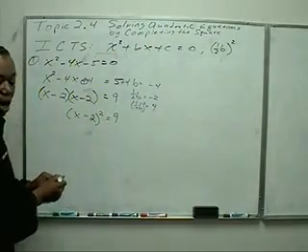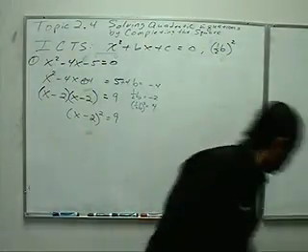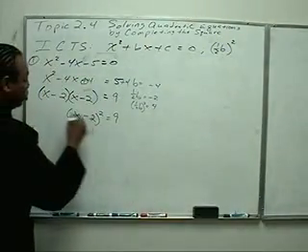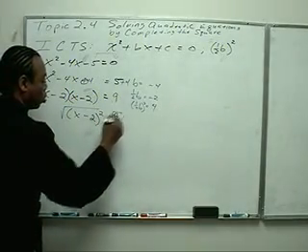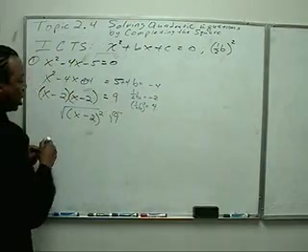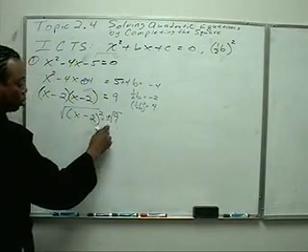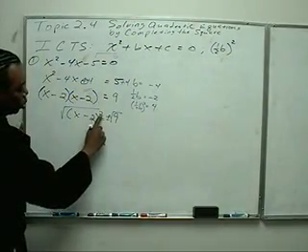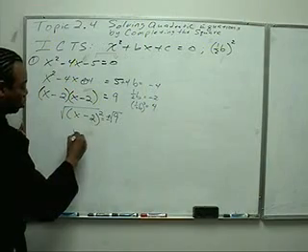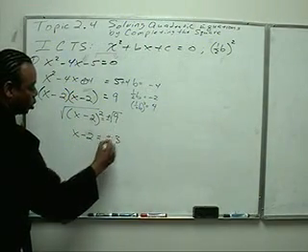Now from here, I want to take the square root of both sides, and I'm going to have plus or minus. So the square will go, and we'll be left with x minus 2. The square root of 9 will be 3, plus or minus.